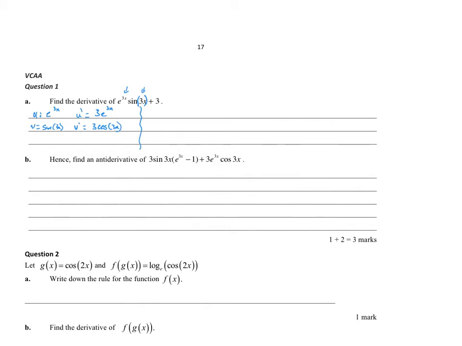3x. So my product rule is simply derivative of one times the other, plus derivative of the other times the one.